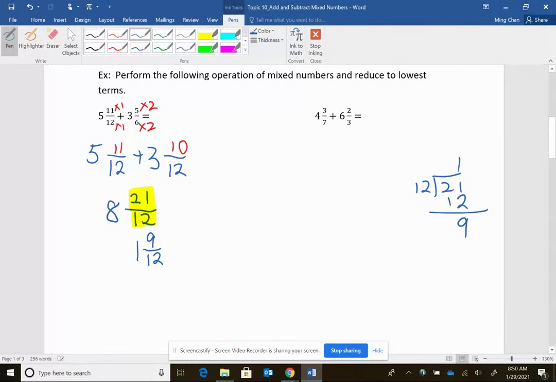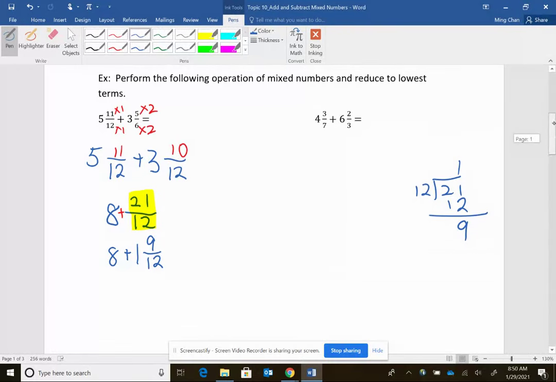Remember, this 1 comes from the 21 over 12. But see, my mixed number answer is a whole number plus a fraction. So theoretically, there is actually an addition sign in between my 8 and my new mixed number. So we add the whole numbers up again, just like I said.